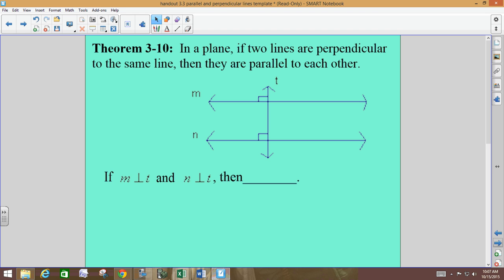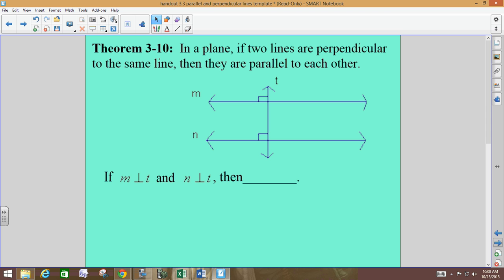Theorem 3.10. In a plane, if two lines are perpendicular to the same line, then they're parallel to each other. What does it mean if two lines are perpendicular? Anybody? They make 90-degree angles, right?